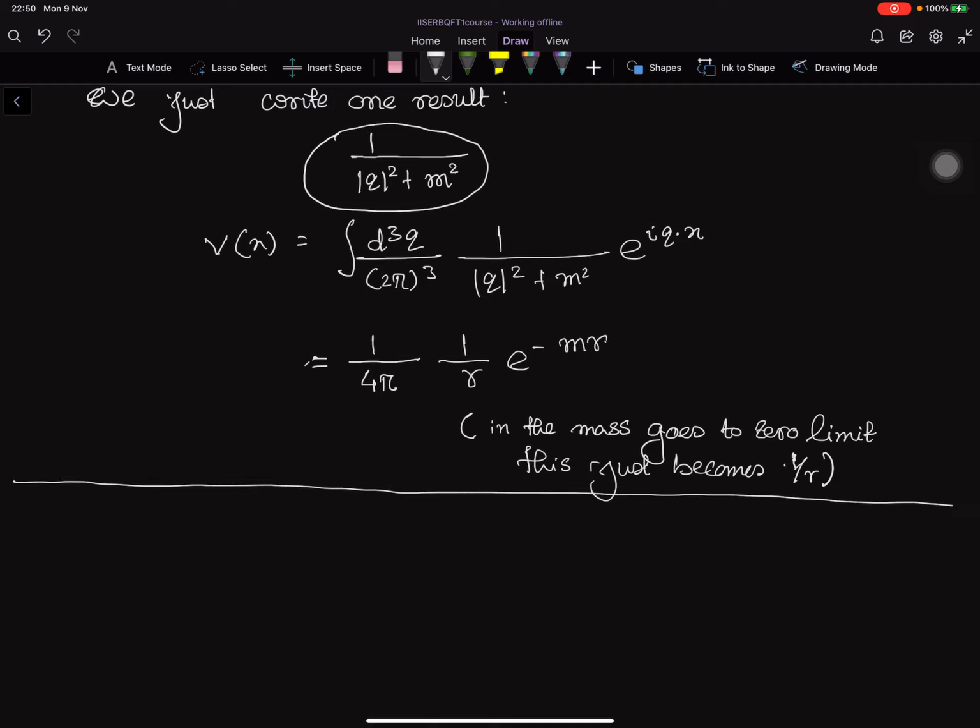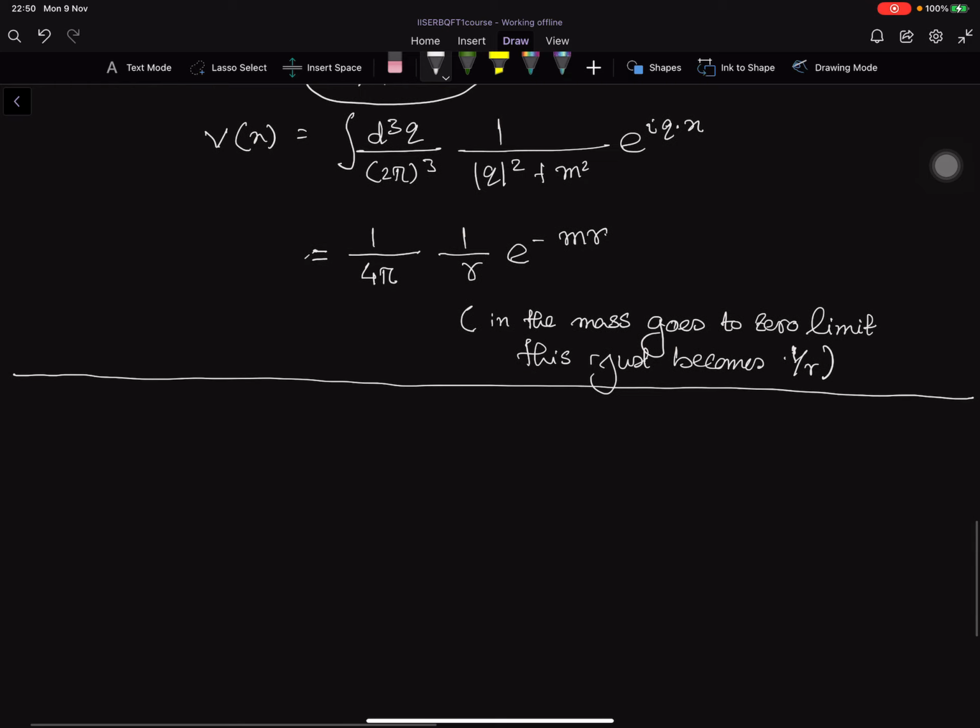So let's now try to do some simple computations. First we will find the expression for the Coulomb law, which in relativistic theory will happen due to exchange of a massless spin 1 particle.